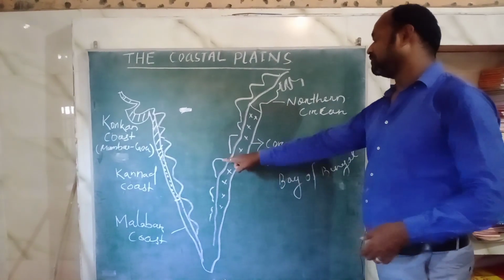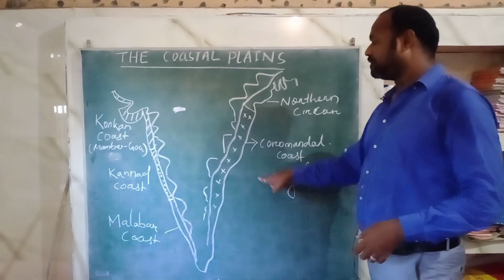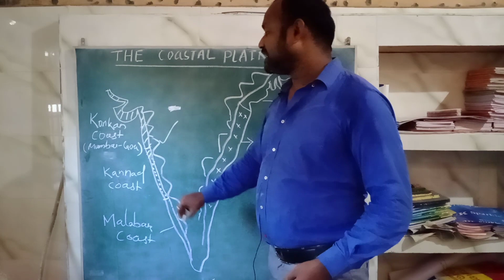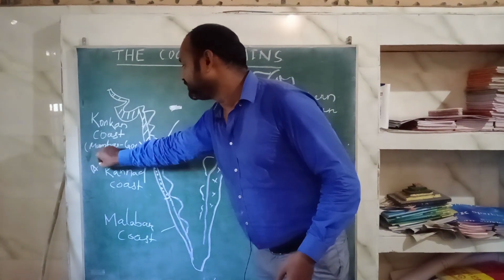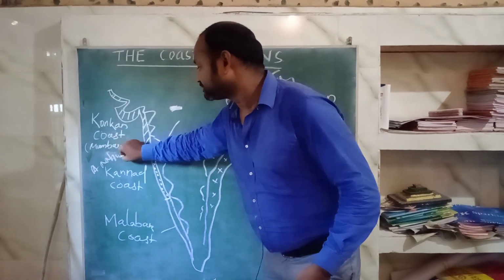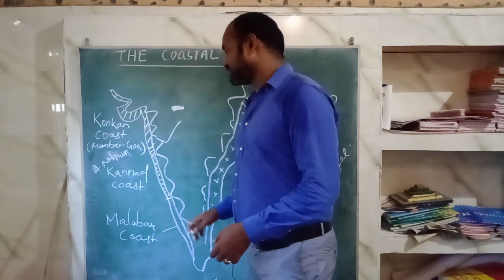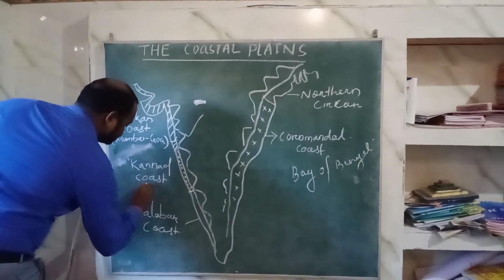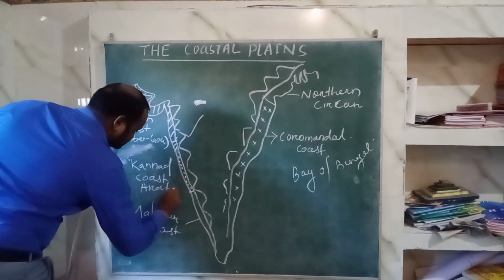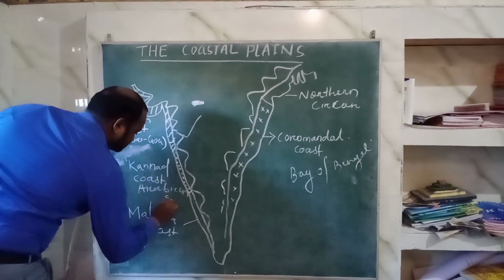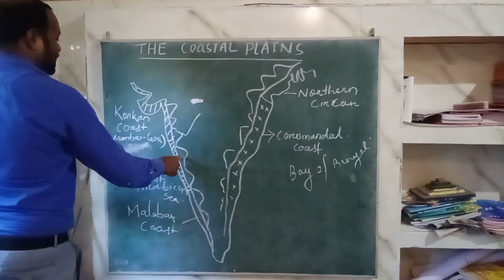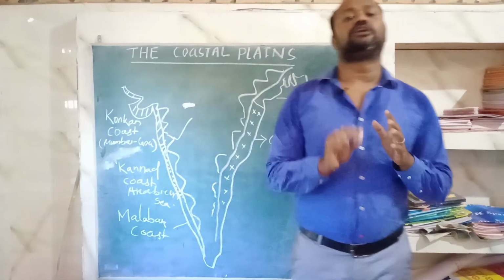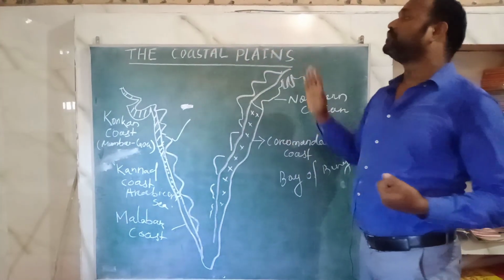In the same way, the Western coastal plain lies in between the Western Ghat and the Arabian Sea. So this is all about the coastal plain.